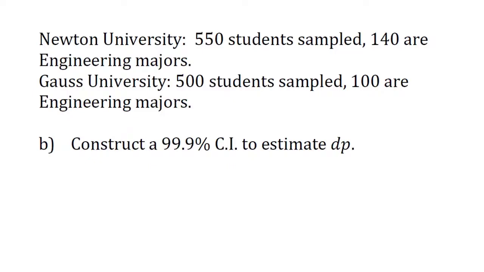And so now for the problem itself, the question in part B asks us to construct a 99.9% confidence interval for estimating dp, the difference in the two population proportion values.